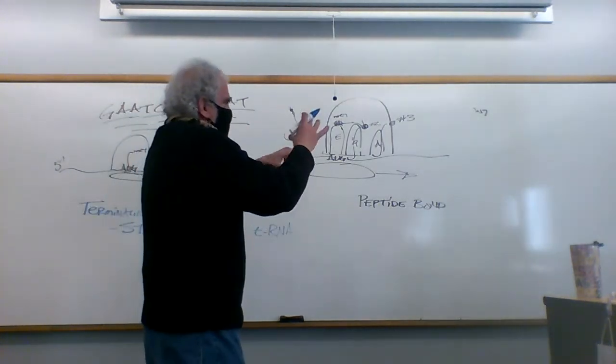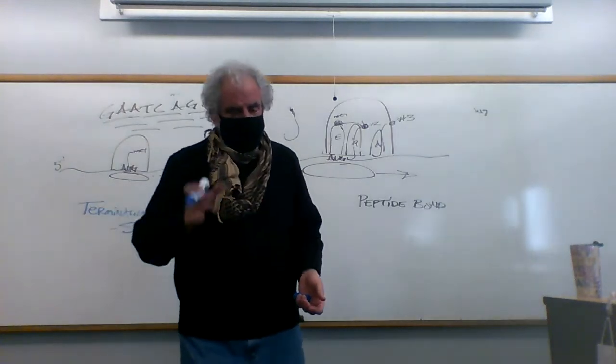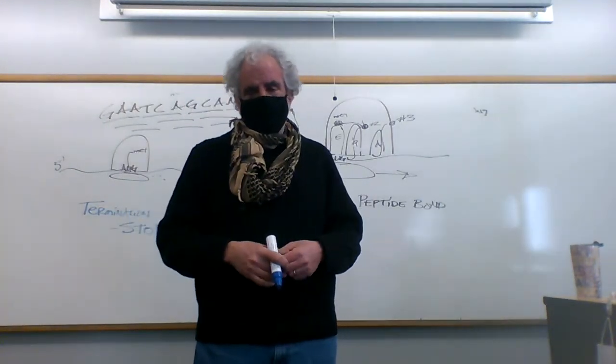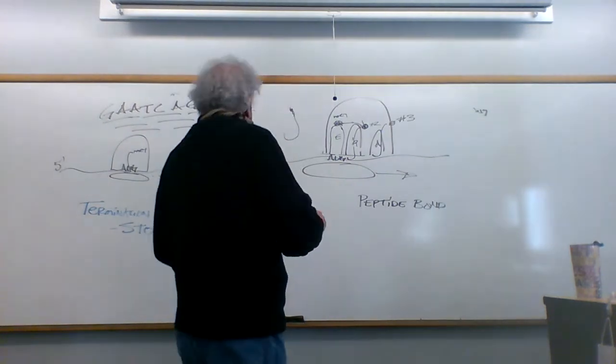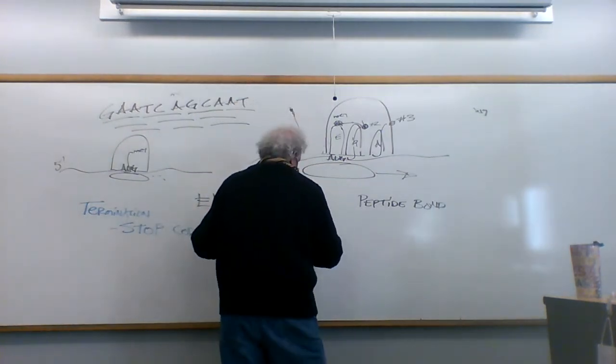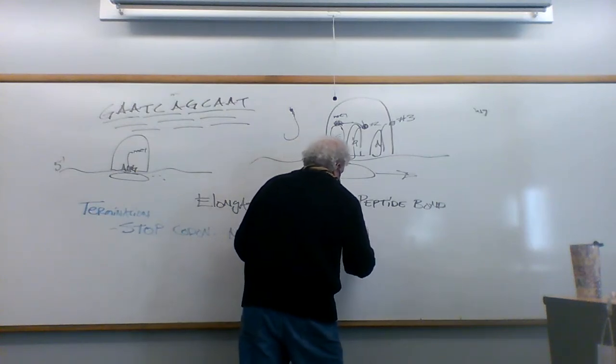When the stalling goes on long enough, it's like, okay, we're going to give you 10 seconds. If nobody comes in there, that must be a stop codon. There is a termination factor, another protein, that is waiting around, always looking to get in.